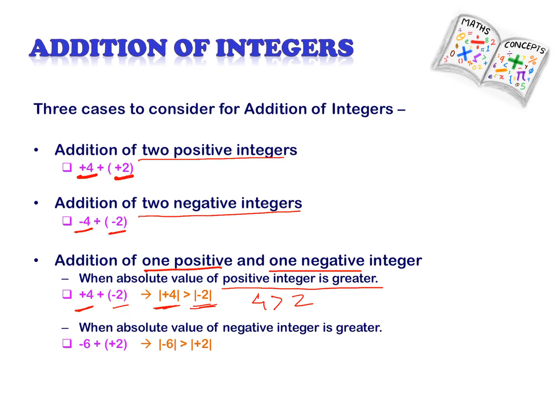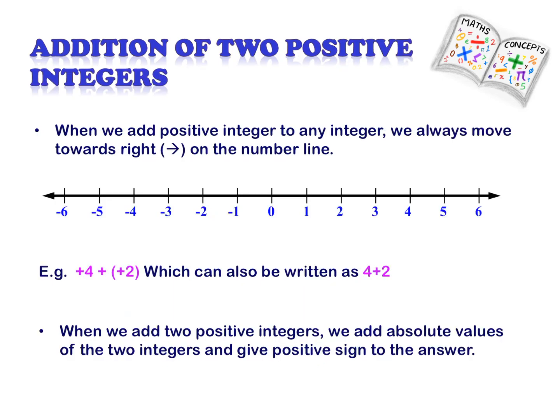Second case is when absolute value of negative integer is greater. The example is minus 6 plus 2. So absolute value of minus 6 is greater than absolute value of plus 2, obviously, because 6 is greater than 2. Okay, so let's move to first case, that is addition of 2 positive integers.